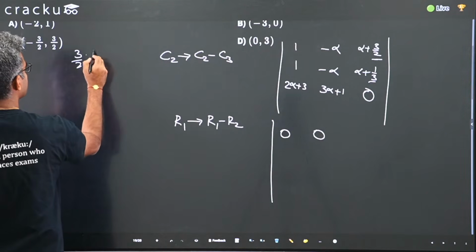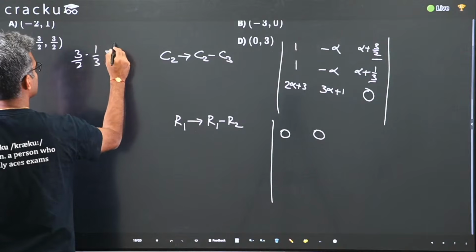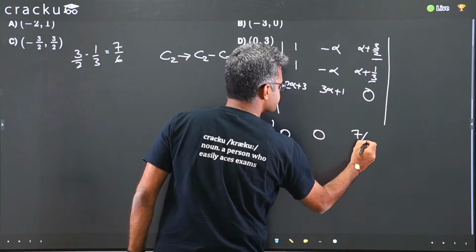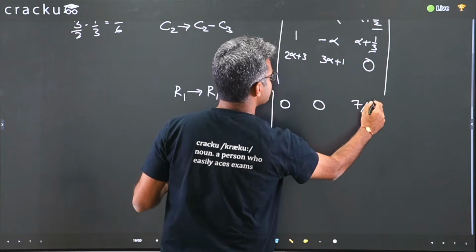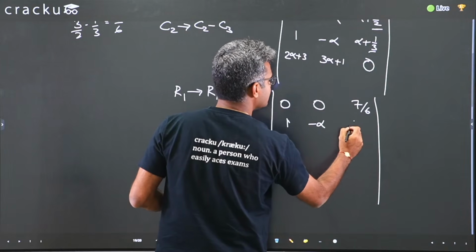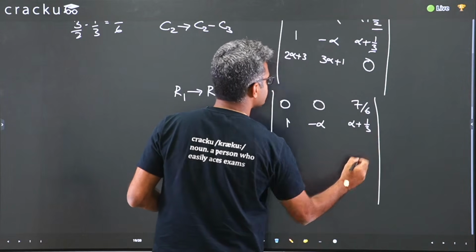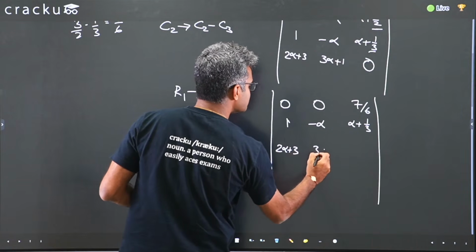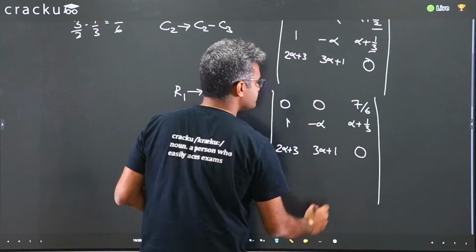It is equal to 7 by 6. So this is 7 by 6. And the remaining terms will remain the same. This is 1 minus alpha, alpha plus 1 by 3. This is 2 alpha plus 3, 3 alpha plus 1 and 0.